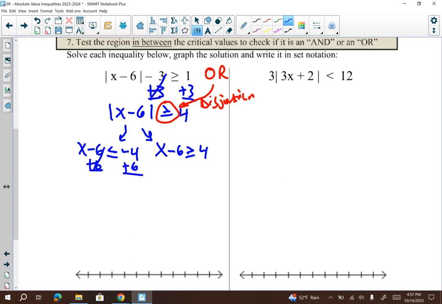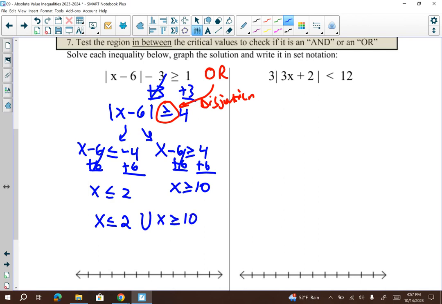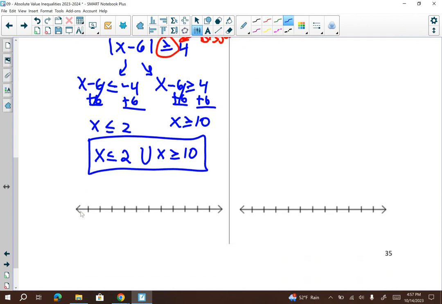So we've got to add 6 to both sides, x is less than or equal to 2, add 6 to both sides, x is greater than or equal to 10. Now we said this is going to be an or, a disjunction, so I know I've got to write it x is less than or equal to 2, or x is greater than or equal to 10. I also could have waited until I did my graphing to confirm that it's a disjunction.